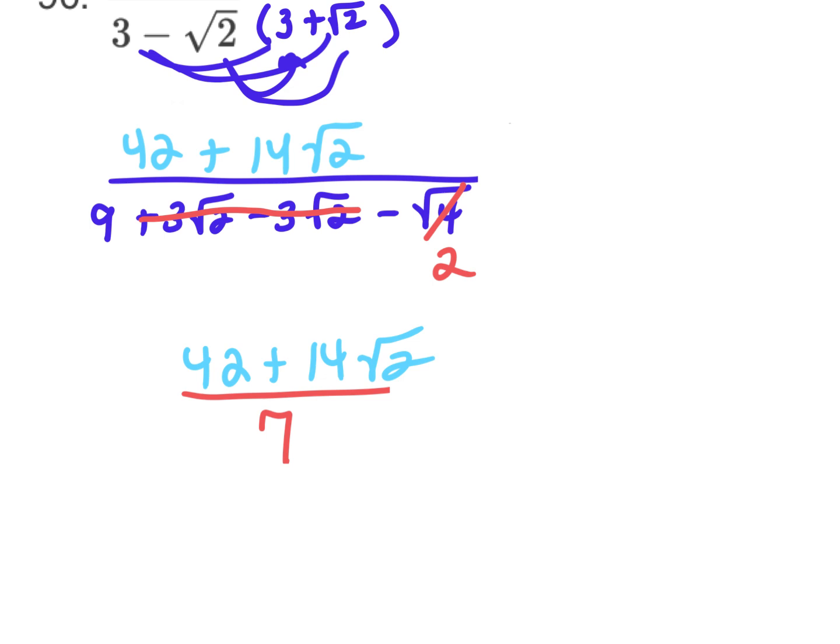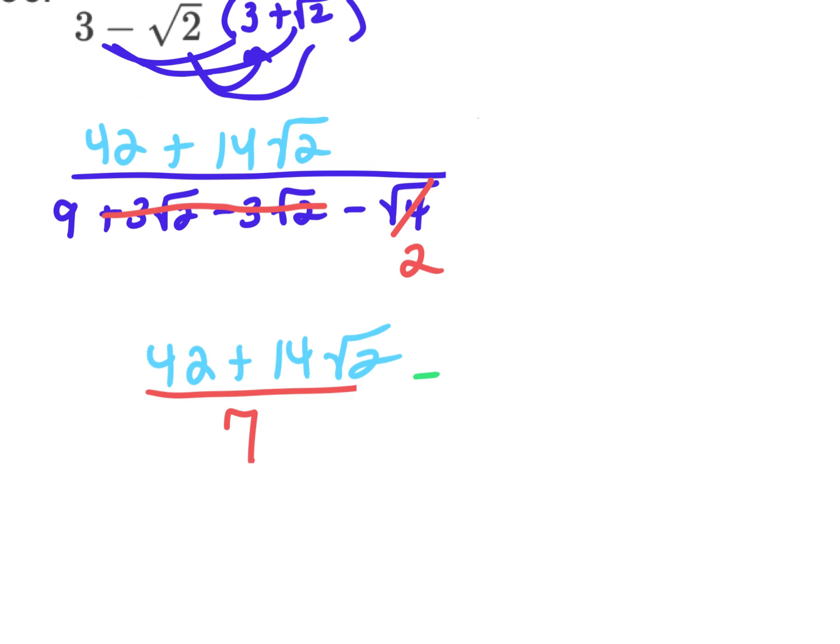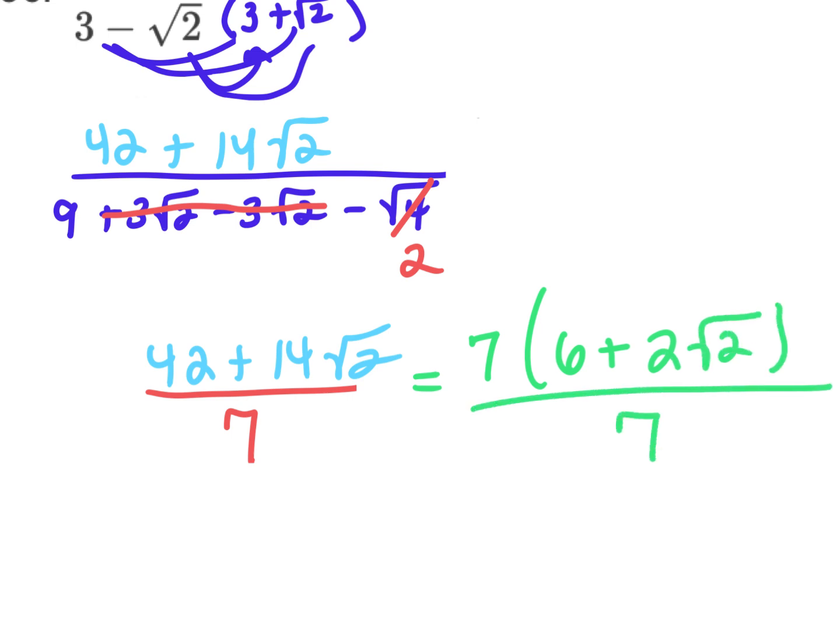What can I factor out in my numerator? What goes into both 42 and 14? Well, 7 does. So when I factor out a 7, 42 divided by 7 is 6, plus 14 divided by 7 is 2 square root of 2, all over the whole number 7.